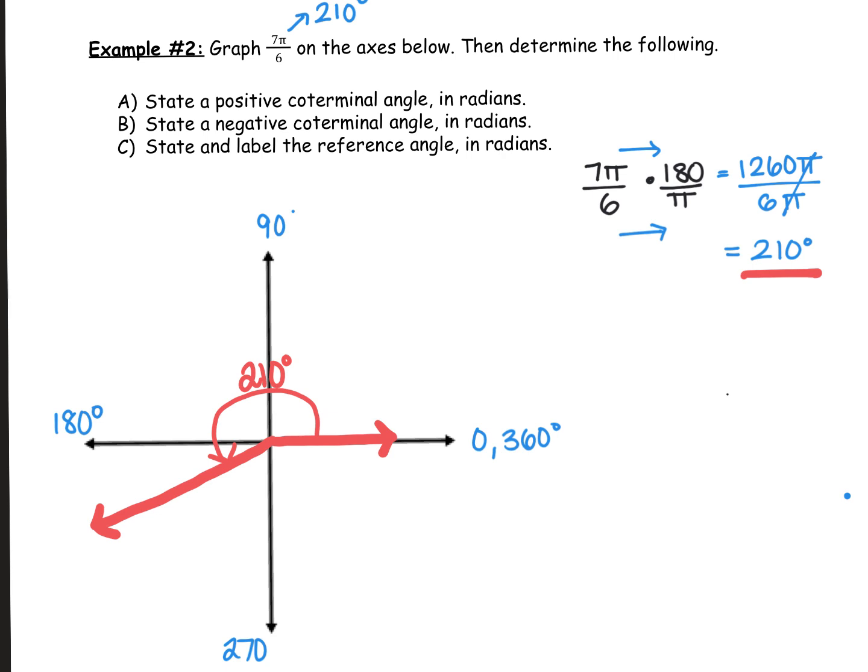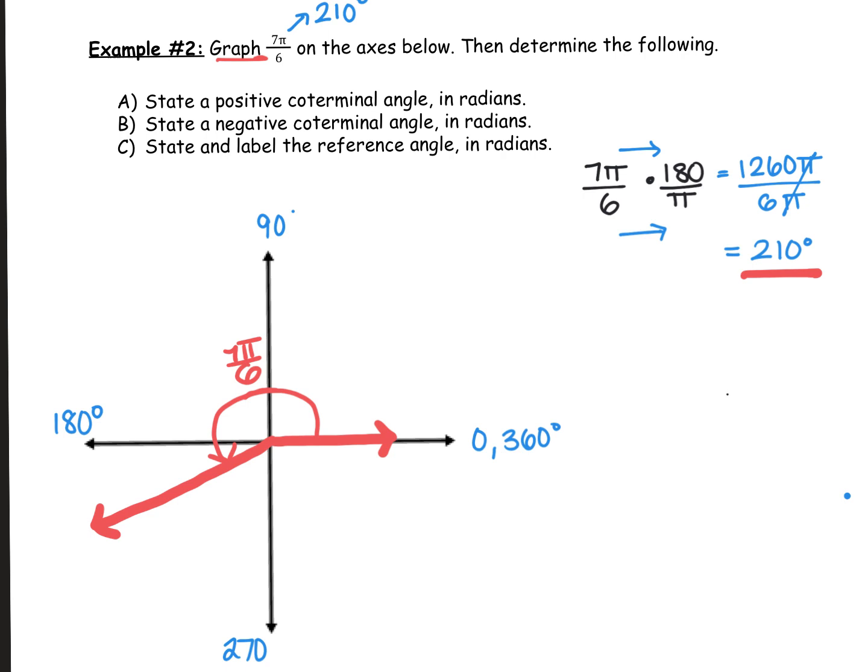And then it also tells us to do a couple of things. We've graphed it. Now I know it says graph 7 pi over 6, so let's write that instead, since they want it in radians. So 7 pi over 6.